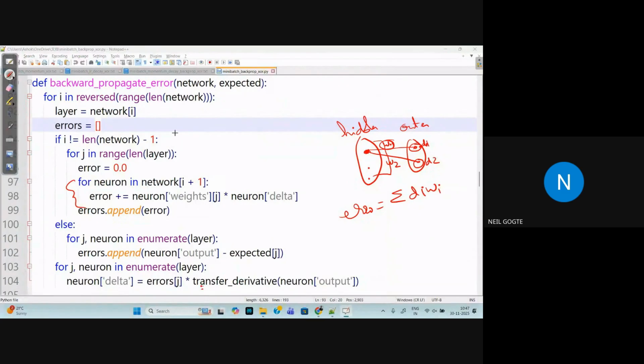Guys, this is the most important part: how the deltas get propagated back in the form of errors, and then the delta computation by applying the sigmoid, because we are actually getting dou L by dou Z1, which is dou L by dou O1 and dou O1 by dou Z1, or whatever is the Z there.